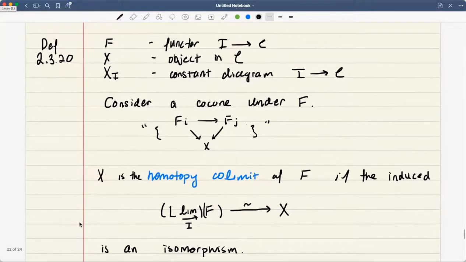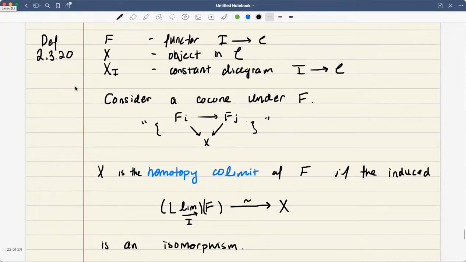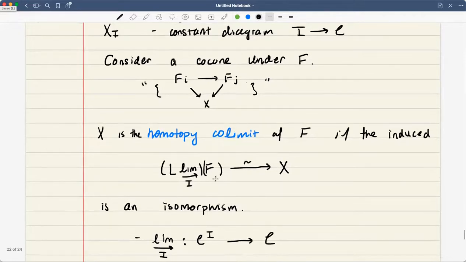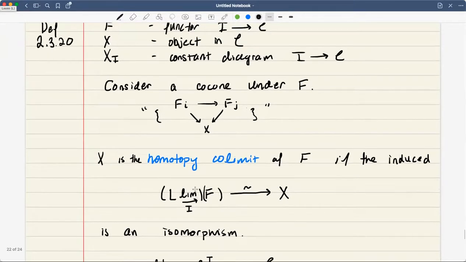But here's one of the big ideas: that of homotopy colimits and homotopy limits. If anyone has a concrete example they can think of, I'd be happy to hear it. But basically what's happening is we would say X is a homotopy colimit if, first, we are taking the total derived functor of the I-index colimit functor.